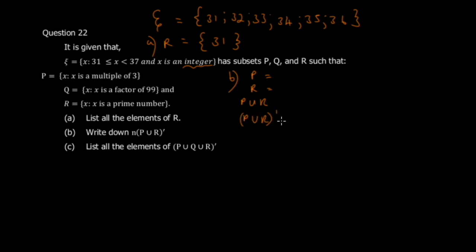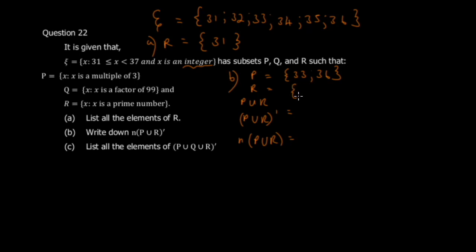Then after taking the complement, you take the number of elements. Step by step. So the elements of P would be any multiple of 3 in our universal set. So we'd take 33 and we'll check 36. Those are the 2 numbers that we can get from there.